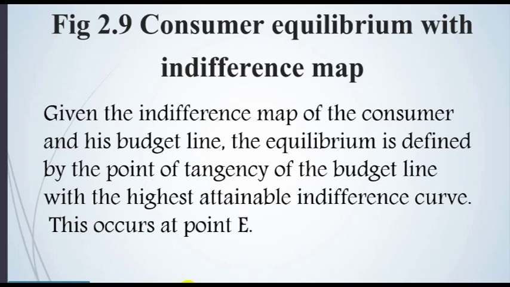U is equal to F(Q1, Q2, ..., Qn), subject to P1 Q1 plus P2 Q2 plus ... plus Pn Qn is equal to Y. This function can be specified using the Lagrangian multiplier.